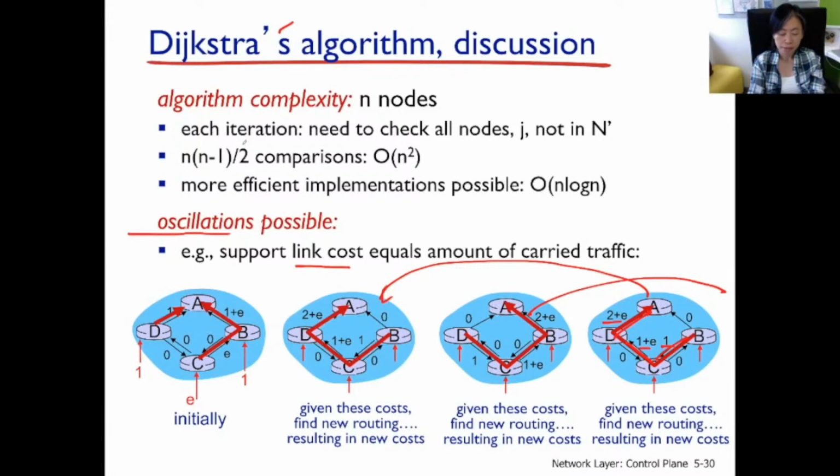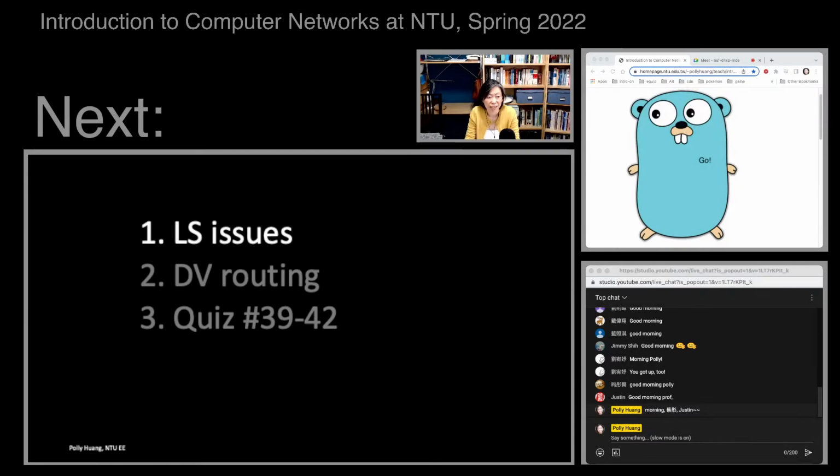Just be careful here. All right, and the next video is about 2 issues. One is, after we learned about the LS link state algorithm using Dijkstra, in the end of the computation, we managed to find the shortest path tree where the root is the source.